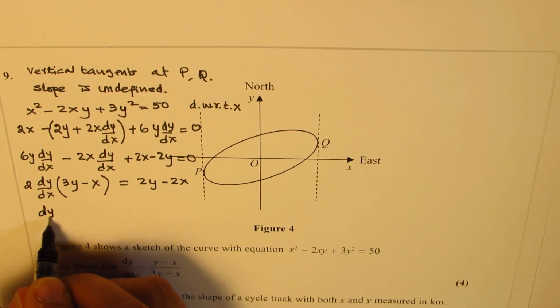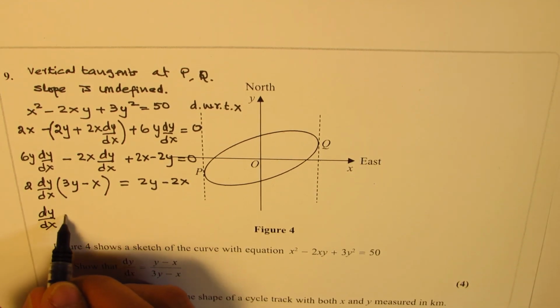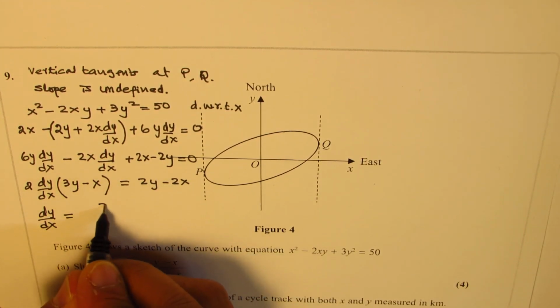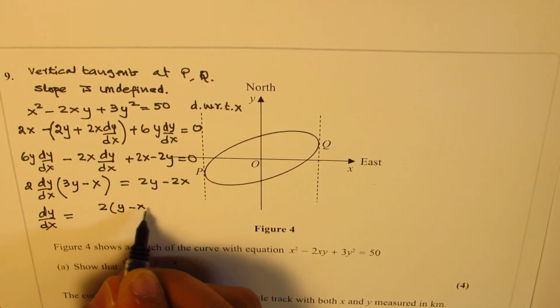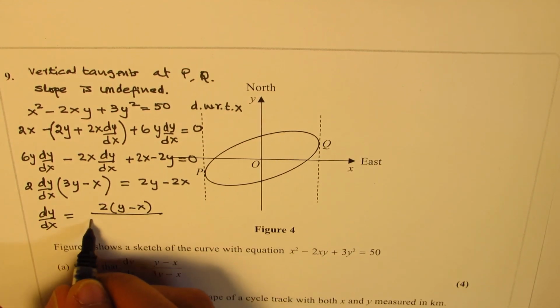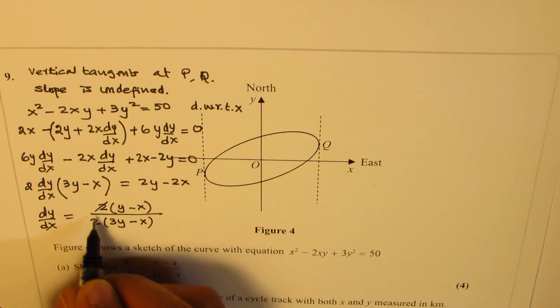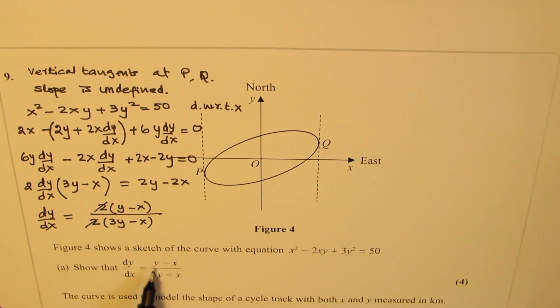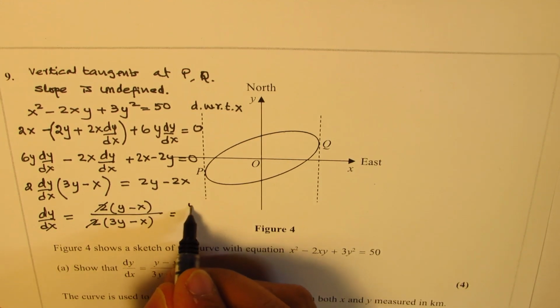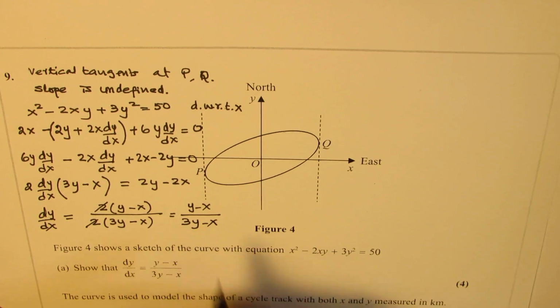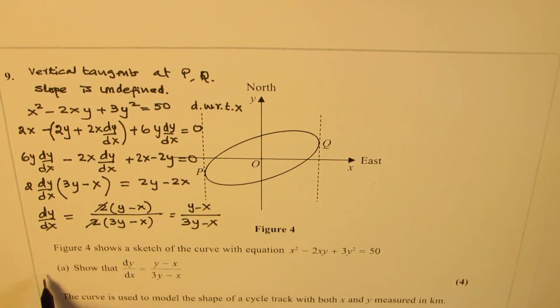So we could isolate dy/dx and write it as 2 times (y minus x) divided by 2 times (3y minus x). The 2 and 2 cancel, so we get (y minus x) divided by (3y minus x). So we have done part A, that is to show that the derivative is this.